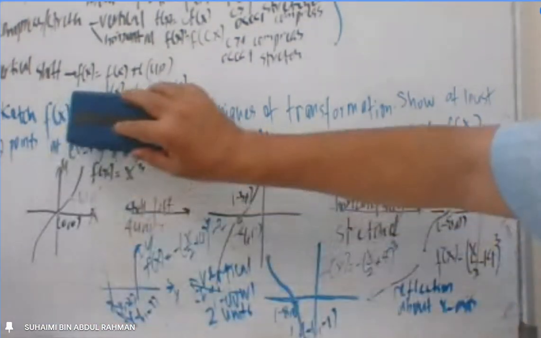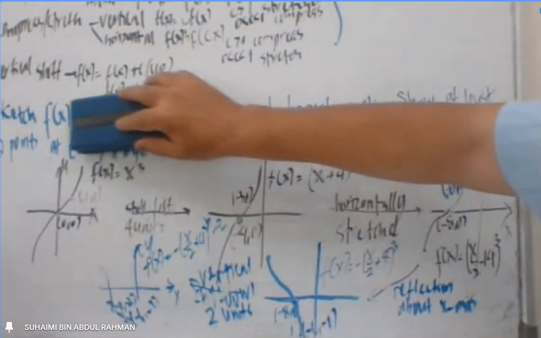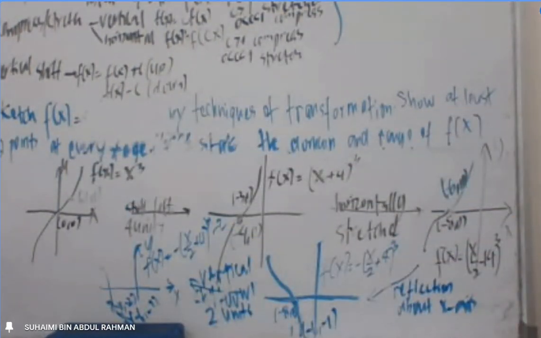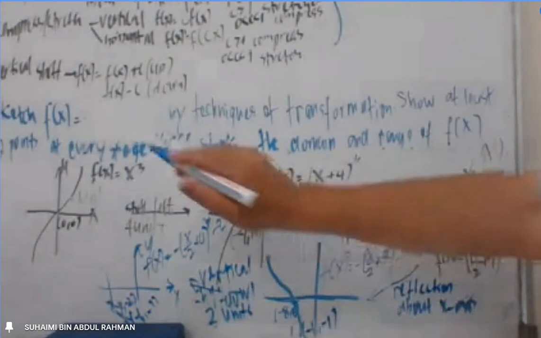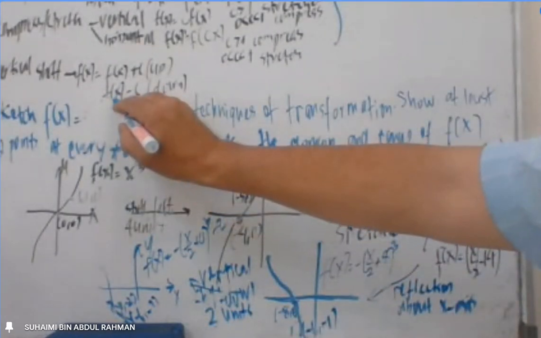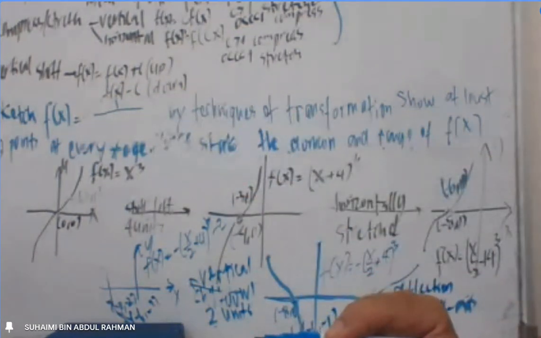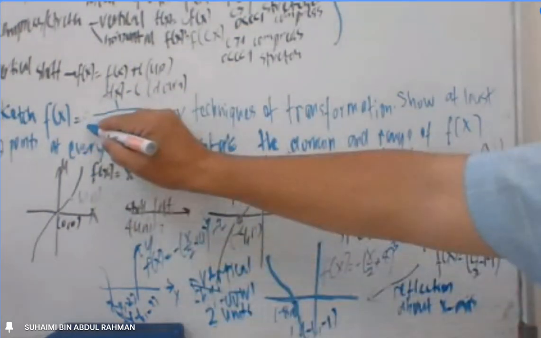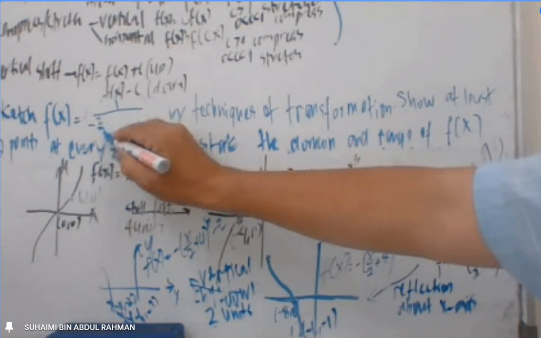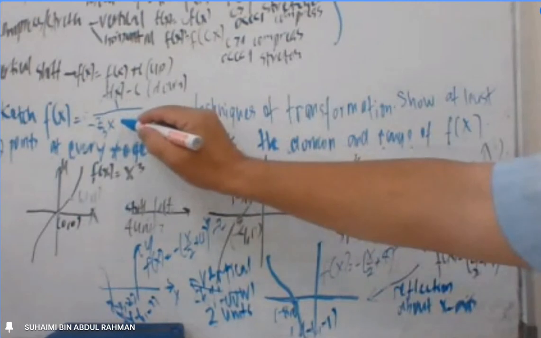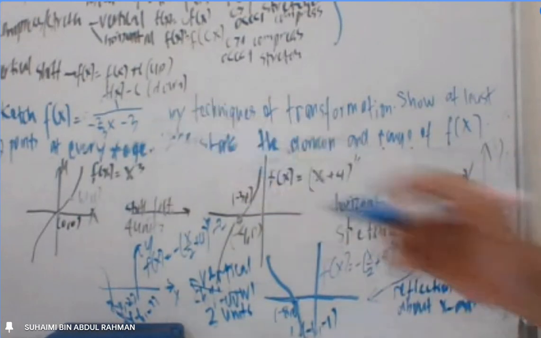Let's say another function: one over minus 2 over 3x minus 3.